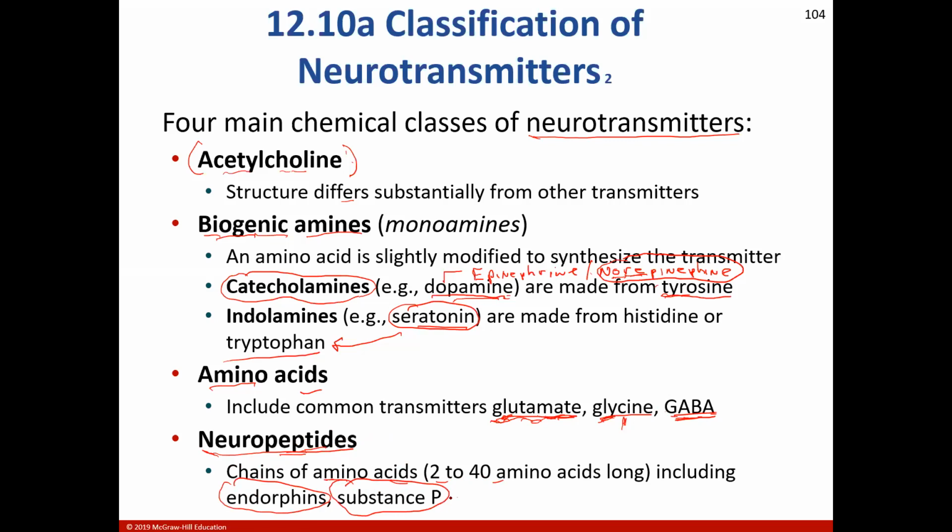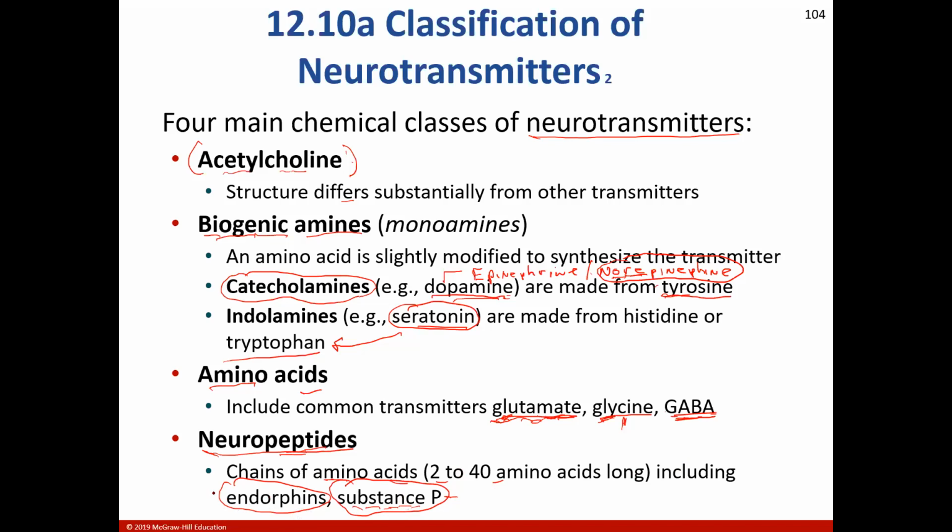Substance P is a chemical released when you have tissue damage or you underwent some trauma. Inflammation maybe will release this as well. So substance P will bind to a receptor and give your brain the cognition of pain. So substance P elicits the pain cognition.